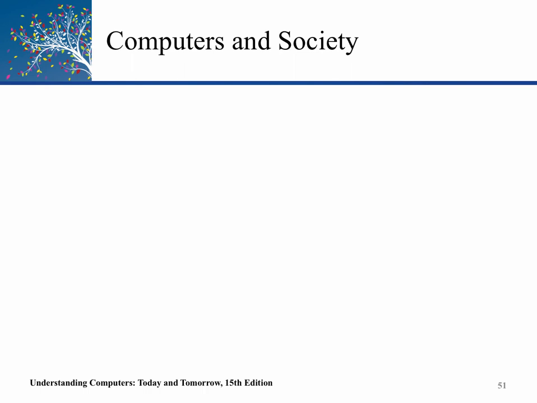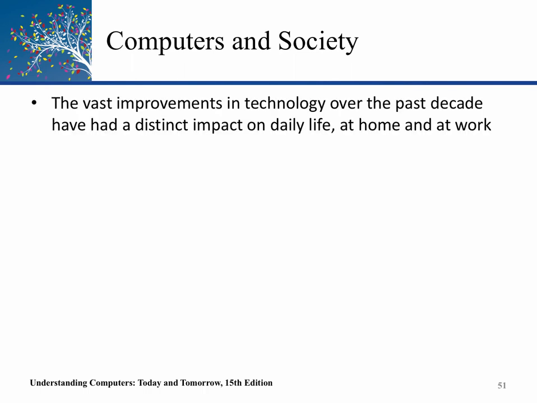Finally, let's talk a little bit about computers in society. As you know, the vast improvements in technology over the past 10 years have had a distinct impact on daily life, at home and at work. You cannot mention an aspect of life that has not been touched, either made better or worse through the advancements that we've made.